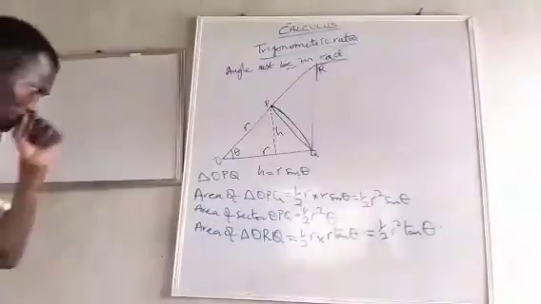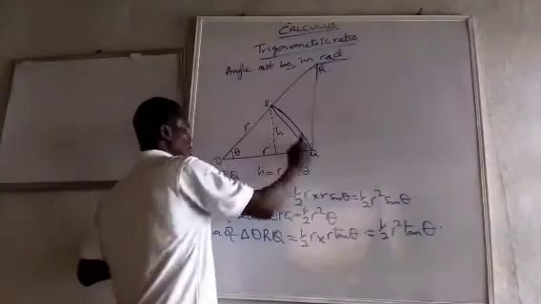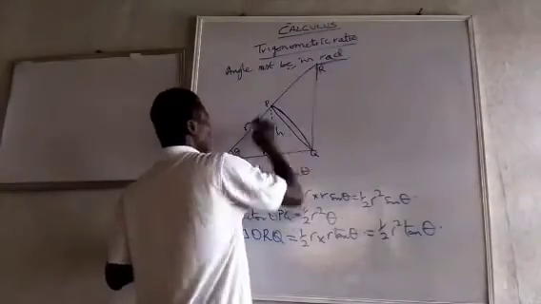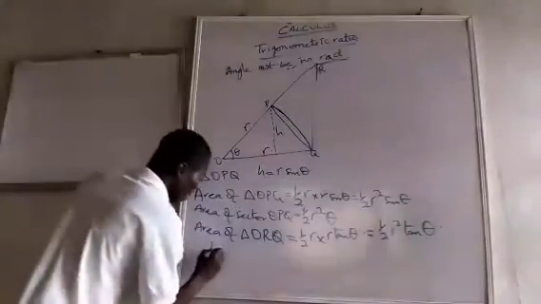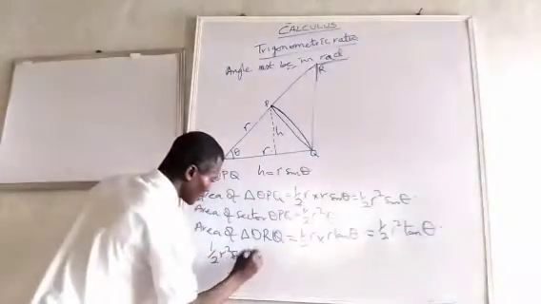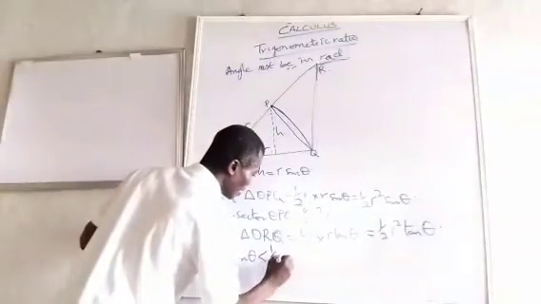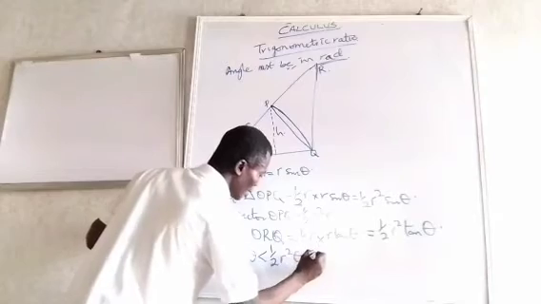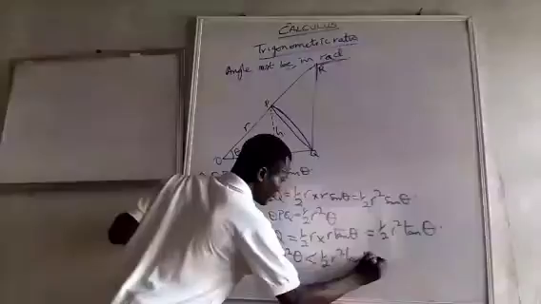Now let's look at something. If you look at it, the area of this triangle is smaller than the area of this sector, and the area of this sector is smaller than the area of this bigger triangle. That is half r squared sin theta is less than half r squared theta is less than half r squared tan theta.